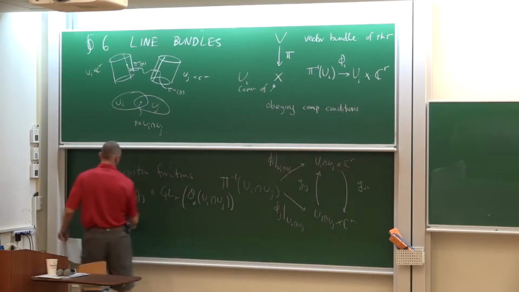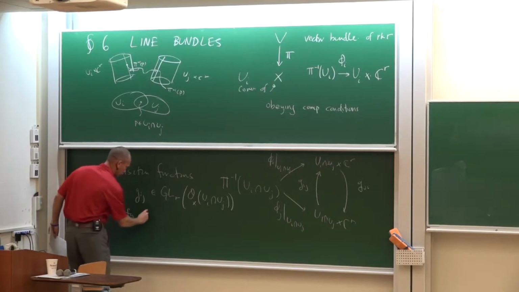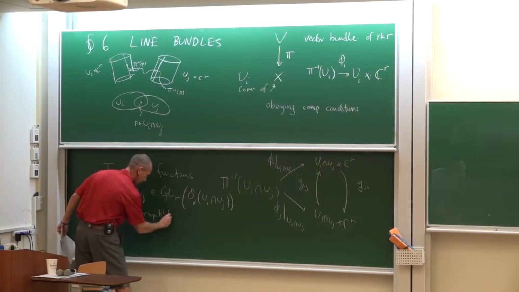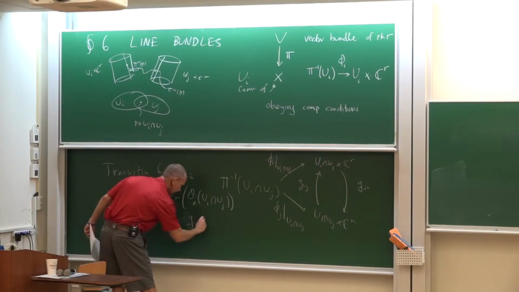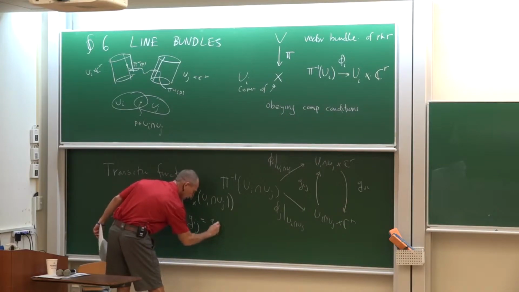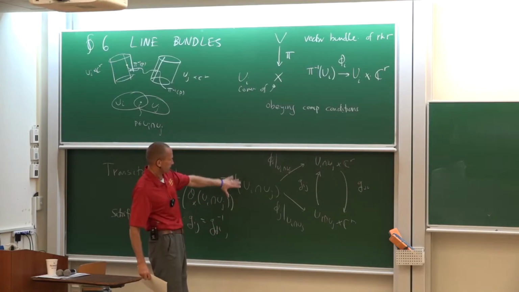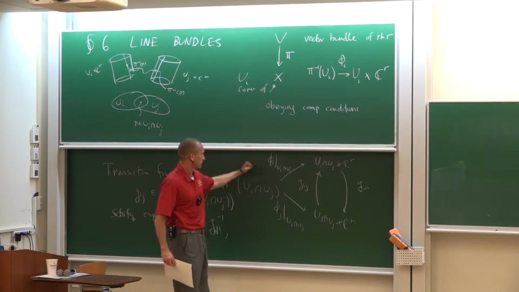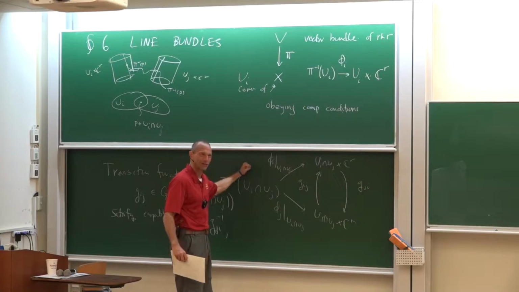So the g_ij satisfy the compatibility conditions, that g_ij is g_ji inverse. And of course, if there's another open chart in the picture, K, and I go from U_i to U_j to U_k, it should be exactly what I get by composing things.